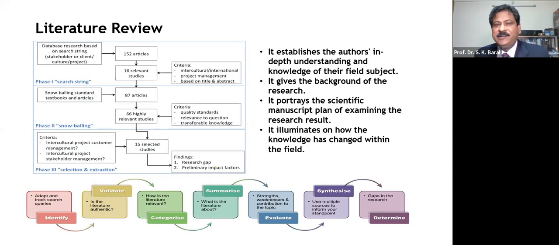And literature review. Literature review is an art, because the more you study, the more possibility of getting gaps there will be. For example, I have divided this literature review into 3 parts.